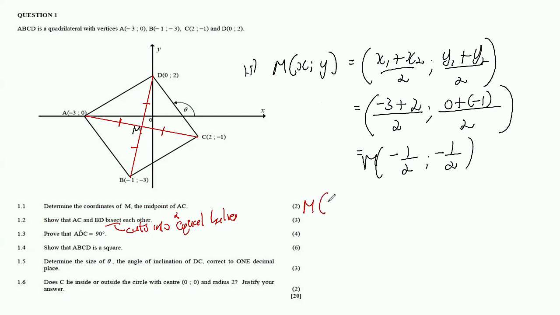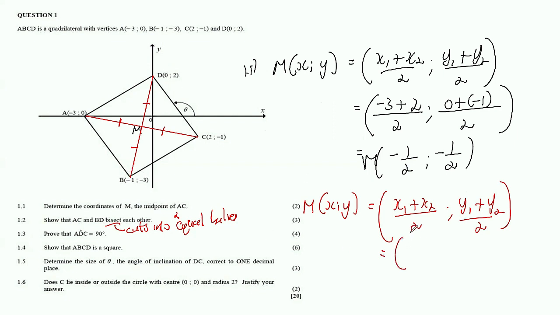So again, we're going to calculate the midpoint coordinates for BD this time around. So this is x1 plus x2 over 2, and then y1 plus y2 over 2, right? Then let's use our x1 as the x coordinate of B, and then our x2 as the x coordinate of D, then divided by 2, and then our y1 is the y coordinate of B, and then our y2 is the y coordinate of D, then divided by 2.